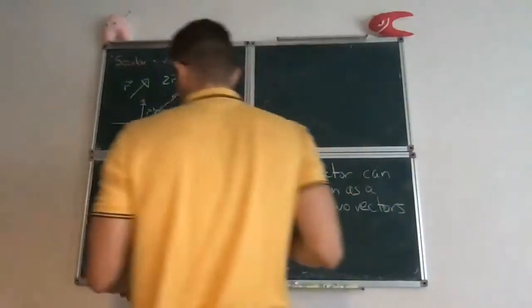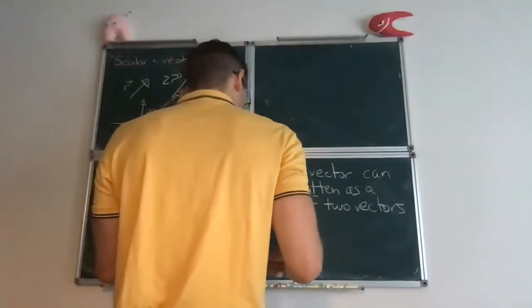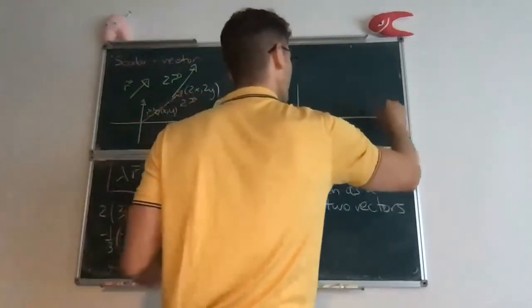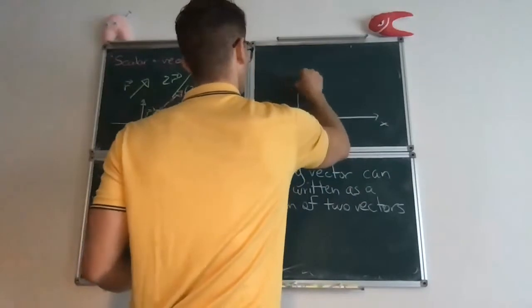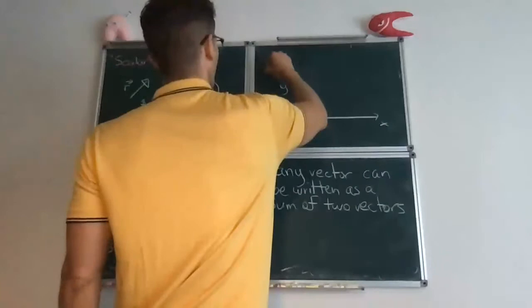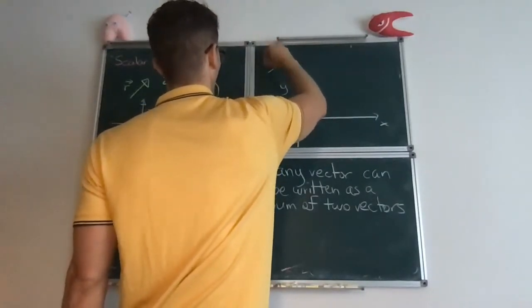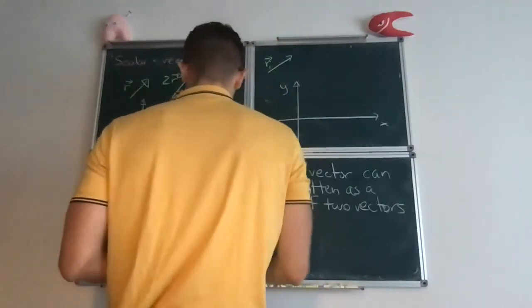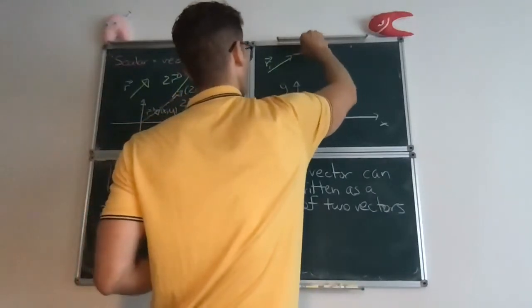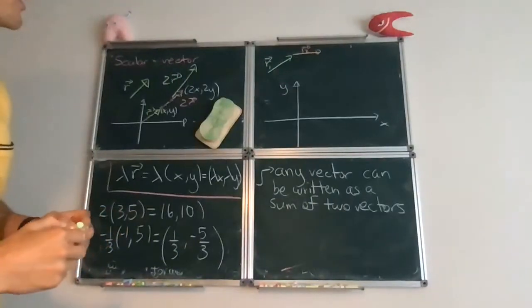Again, what would happen when you take two vectors, let's call them R1 and R2?